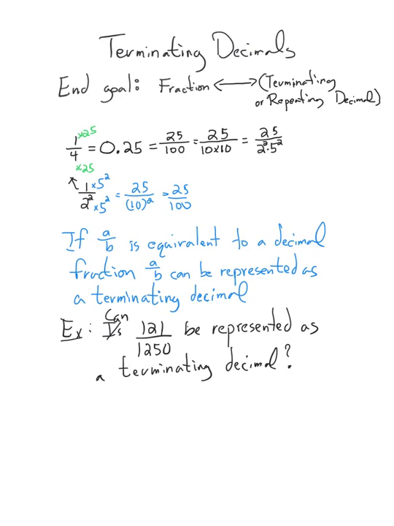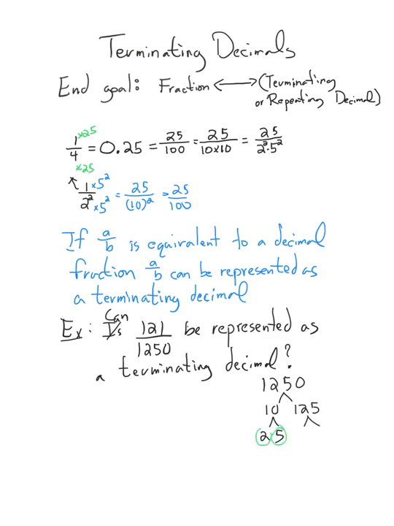But let's look at the prime factorization of 1,250. So I easily see a factor of 10. So 10 times 125 is 1,250. 10 is, of course, 2 times 5. They're both prime.